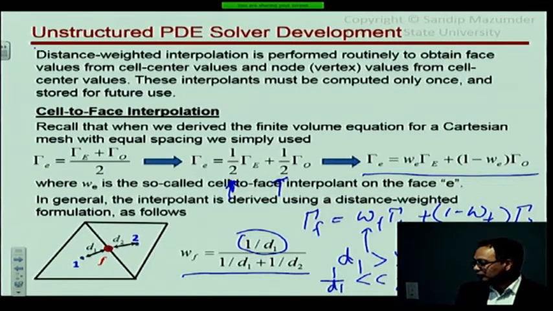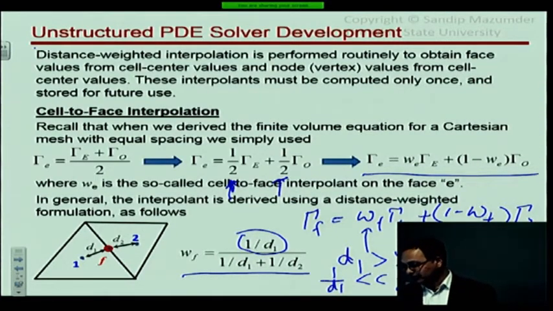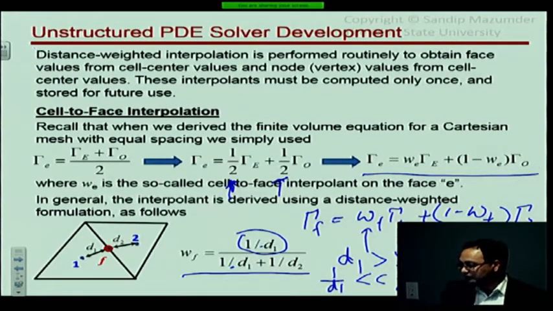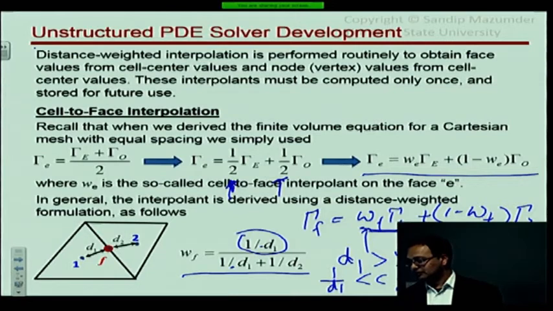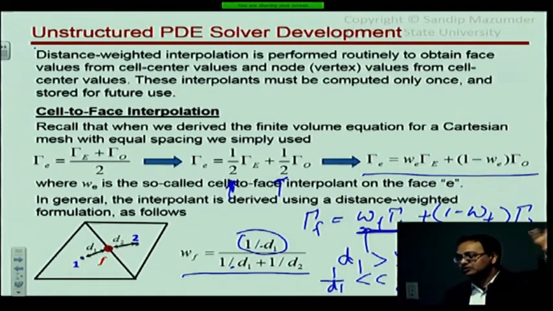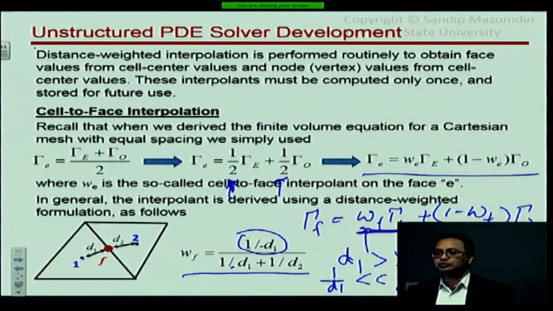So what will happen here is your weight function is going to become, you can see, this is going to be tiny, this is going to be tiny, so you're basically going to get almost 0 over 1 over d2. So the weight function will be 0. In other words, gamma 1 will have no influence on that face value at all, because d1 is so far away. It will pretty much be equal to gamma 2 in the limit.